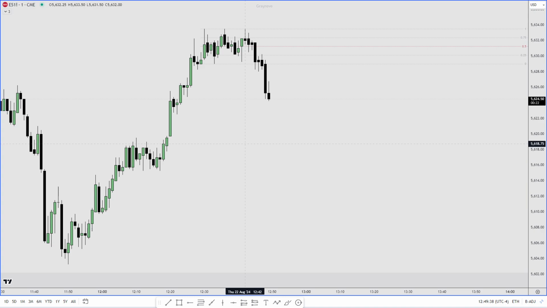Let's see if there's any fair value gaps or order blocks for me to utilize. I was only looking for maybe 5 to 6 points.